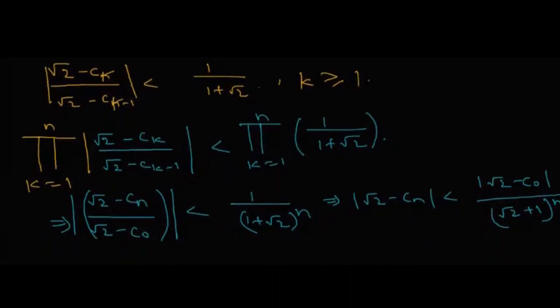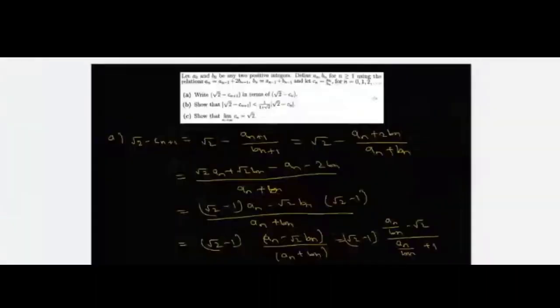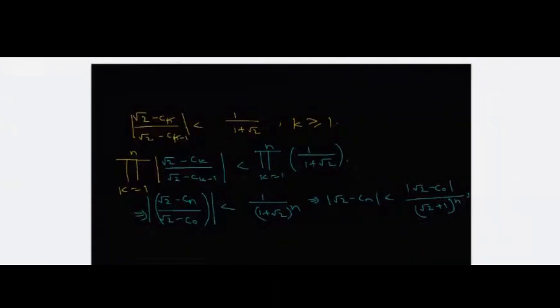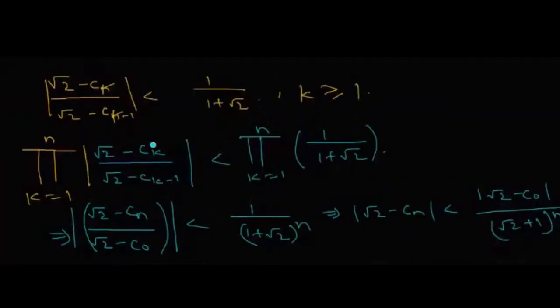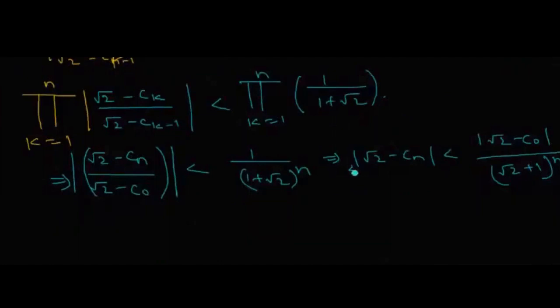So we were asked to find limit n tends to infinity cn. So let's see. Observe that this thing is always greater than equals to 0, right?